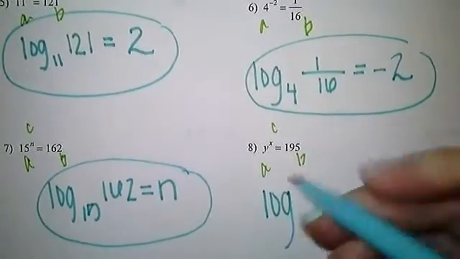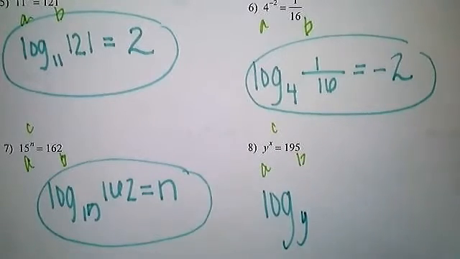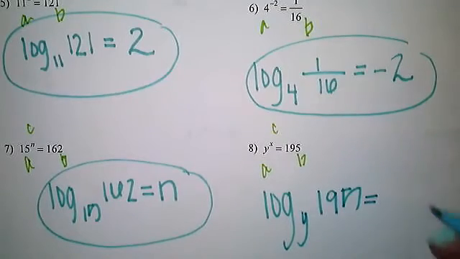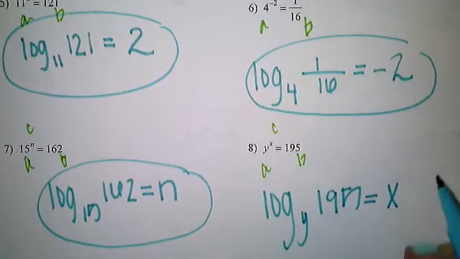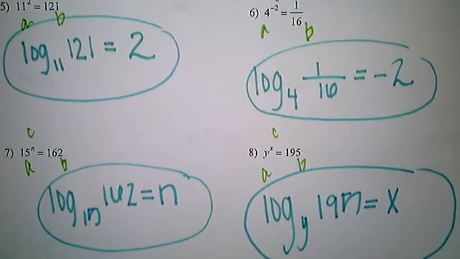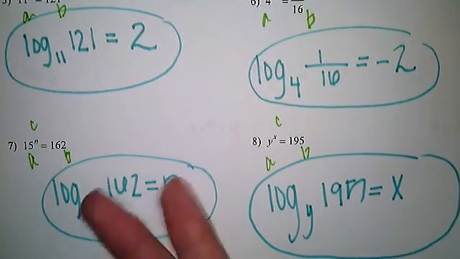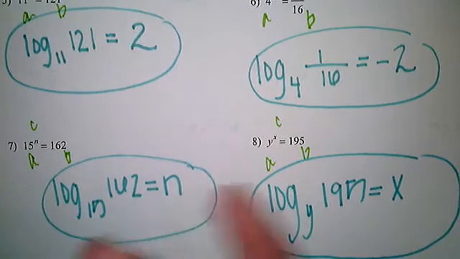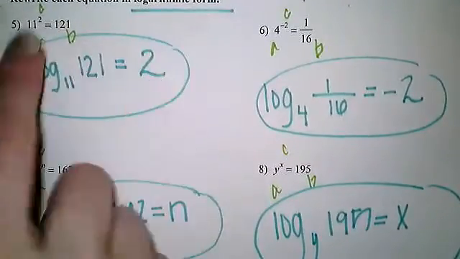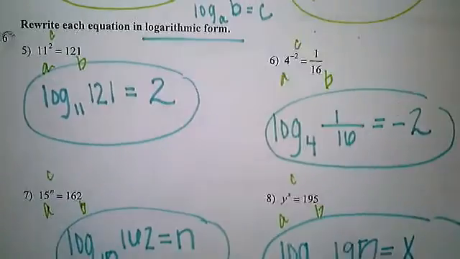Log A is Y, so we'll draw a tinier Y. B is 195, and then equal to whatever our C is, which is our X. There isn't a hard and fast way to check these, but you can ensure that these two numbers, or maybe a combination of a number and letter, have switched order from up here, and that you have the word log because it's logarithmic form.